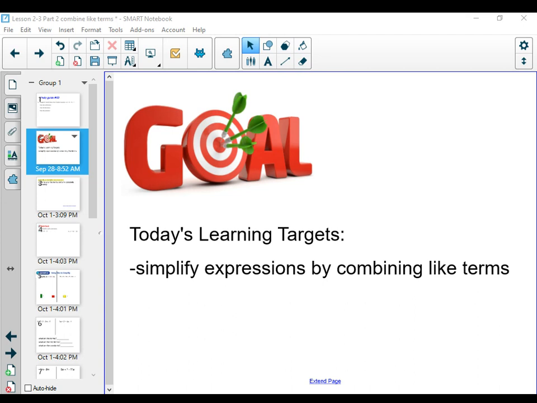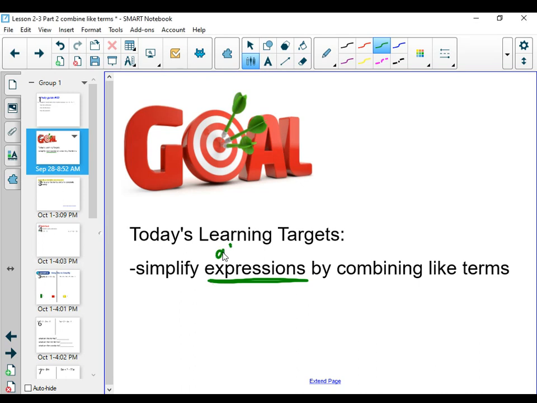In today's learning target, we still have that word expressions, and more specifically, algebraic expressions, because everyone's favorite variables will be there. Also, I see a vocabulary word from yesterday. Combining like terms.